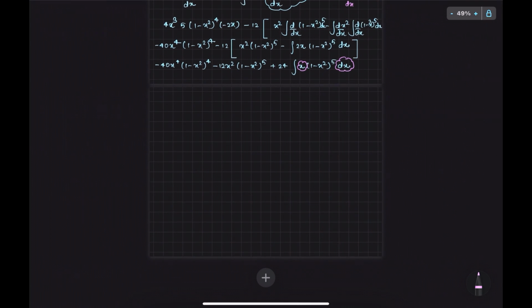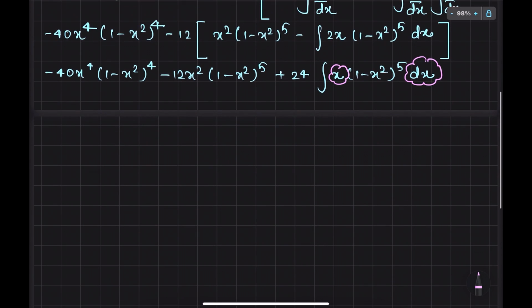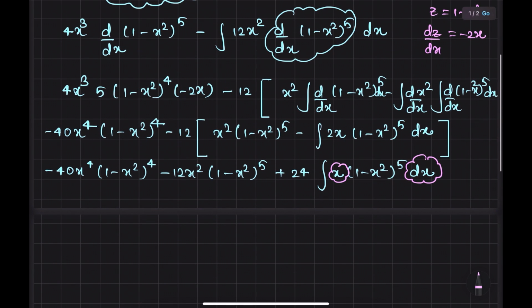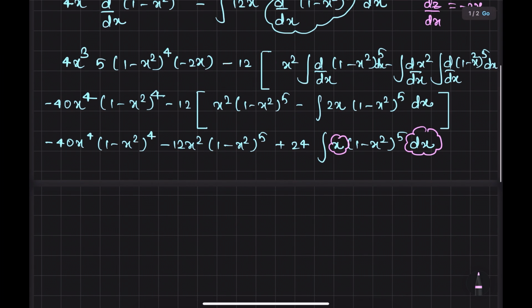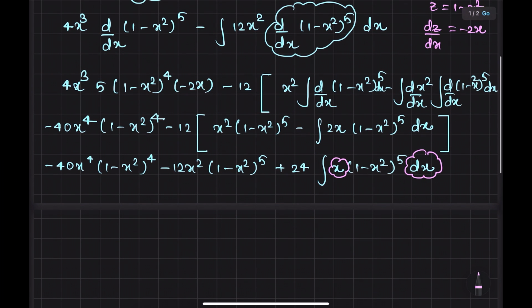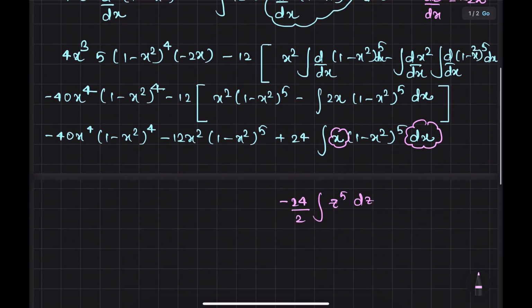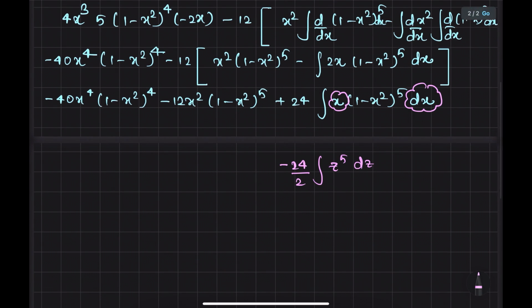Okay, so I will integrate that function only. We just have to replace, yes, it will become minus of dz by 2. So minus of 24 by 2 integration of z power 5 dz. Okay, now you can proceed. Minus of 12 z power 6 by 6, this thing will become 2.